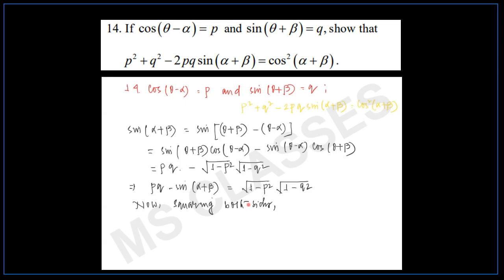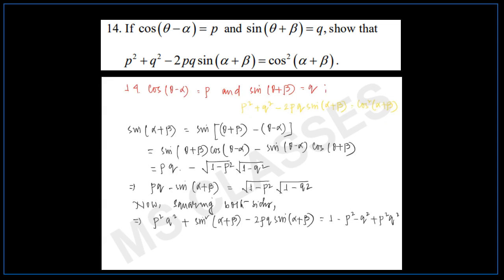Now from squaring what we get? It is P square Q square plus sine square alpha plus beta minus 2PQ sine alpha plus beta equal to 1 minus P square minus Q square plus P square Q square.